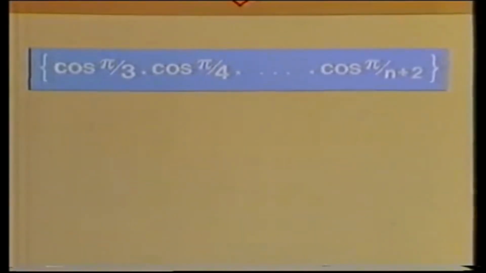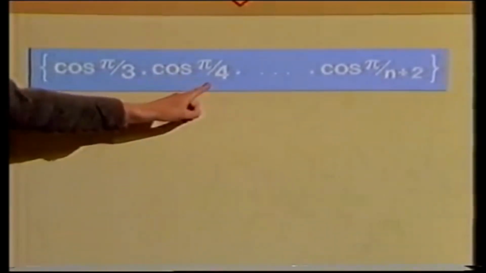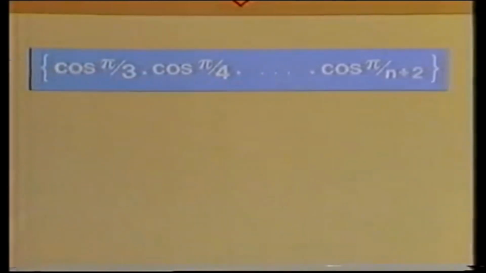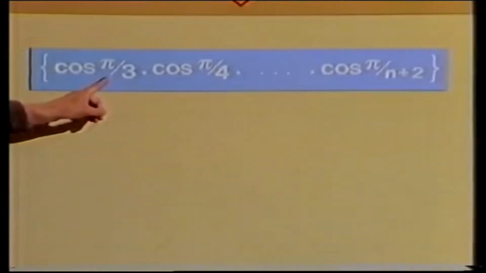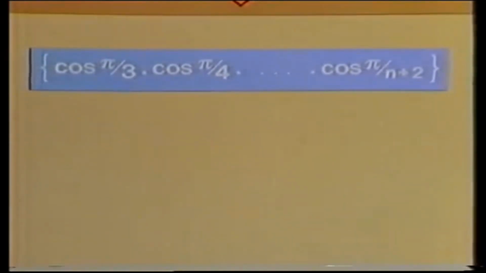Well, each of these angles, pi by 3, pi by 4, pi by 5, and so on, is less than or equal to 1, with the exception of the first one, which is a little greater than 1. But we know that cos pi by 3 is equal to a half. So that product is certainly greater than this product of exponentials.